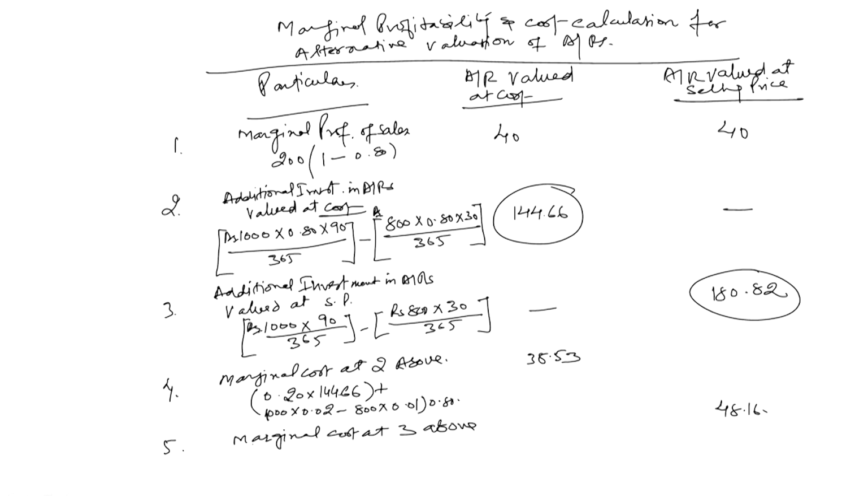So, marginal cost at 3 above is how much? Marginal cost here is, that is 20% is the cost of capital multiplied by how much? 182.2 is the cost, right, plus over and above this, we are going to have 1000 into 0.02 is the bad debt losses in the current, minus existing 800 into 0.01.